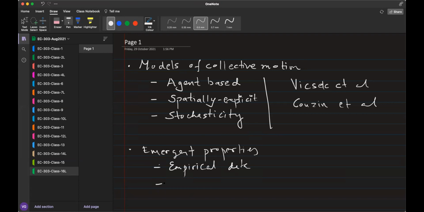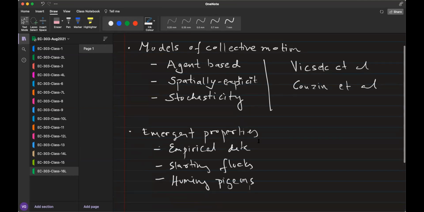We looked at two examples, I think: starling flocks, and the other one was homing pigeons, right? Any questions before I go forward?